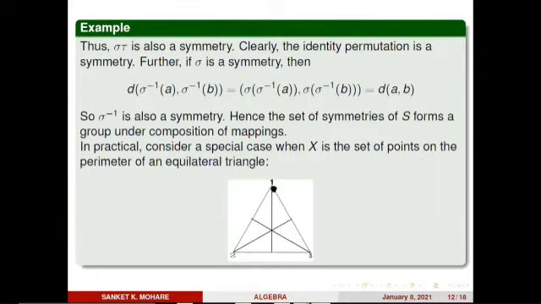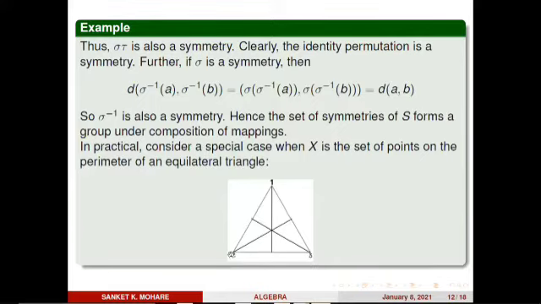Means at 240 degrees, when I rotate by 4 pi by 3, 1 goes to 3. Now 3 goes to where? At 4 pi by 3, at 60 it is 2, at 120 it is 1, at 180 it is 3, and at 240 it is 2.